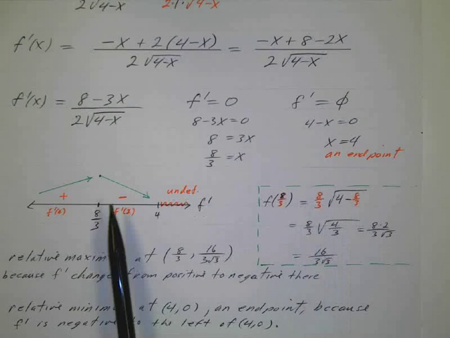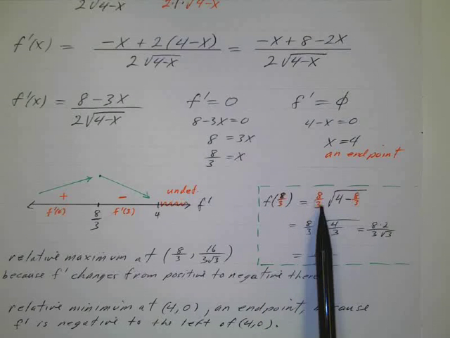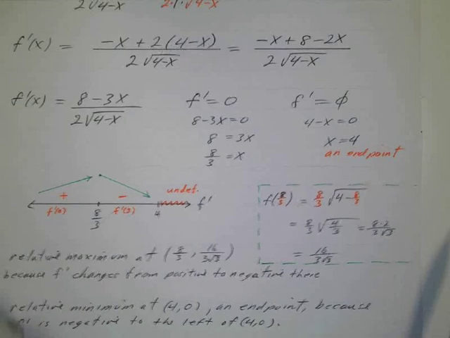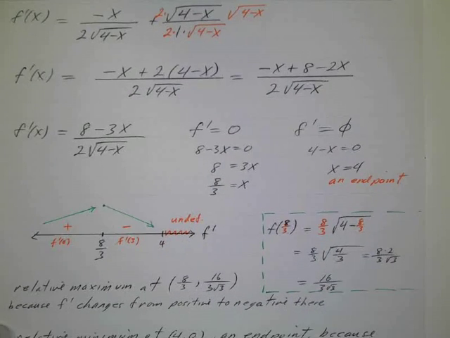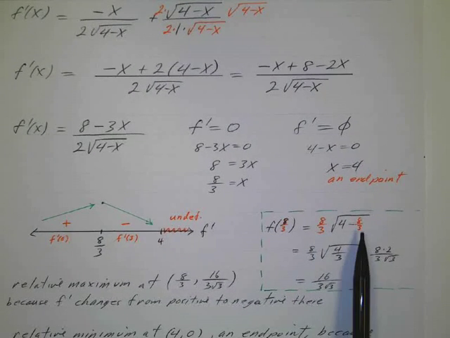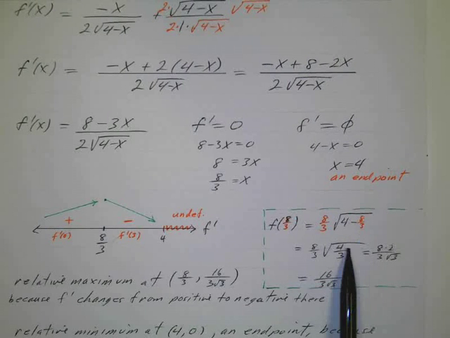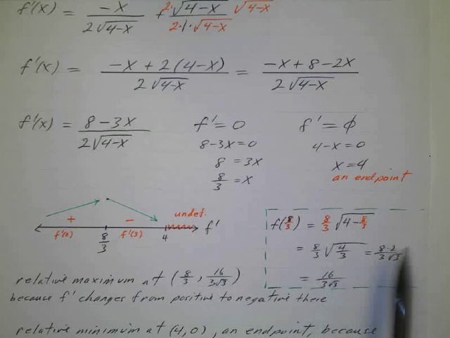And then we want to find the point that goes with 8/3, so we can just put in f of 8/3. That's 8/3 times the square root of 4 minus 8/3, if we look at our original function. Well, 4 is 12/3, and 12/3 minus 8/3 is 4/3. The square root of 4 is 2, so I can take that out of the radical.